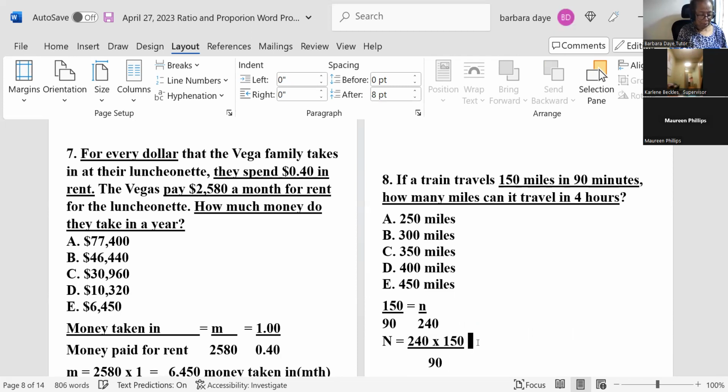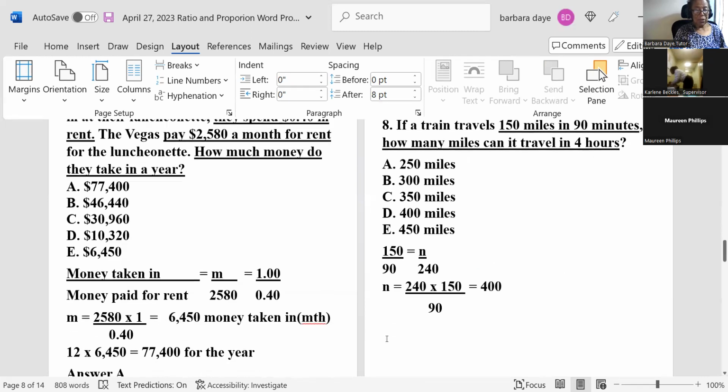And that would be equal to 400. What's the answer? D. That's it. Okay, let's see. Answer D.